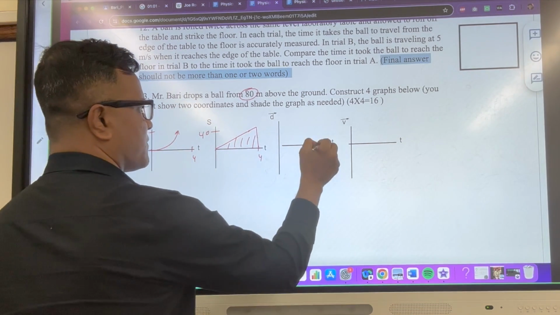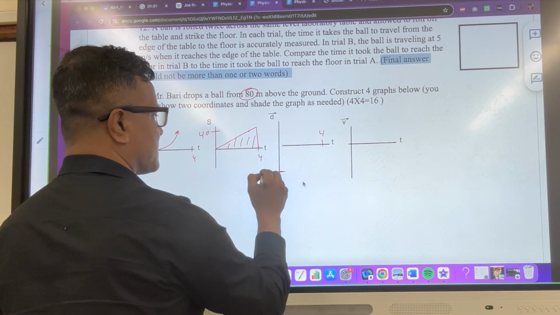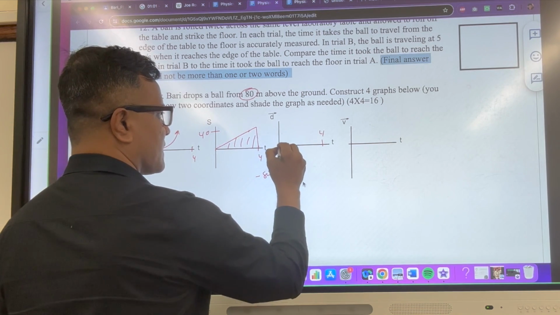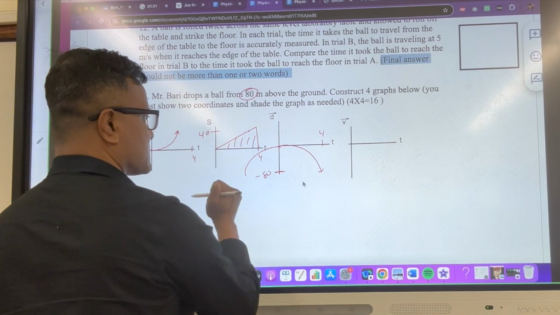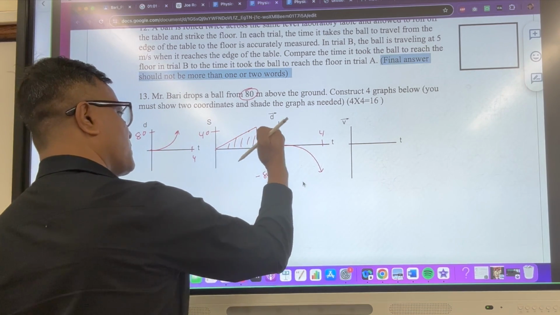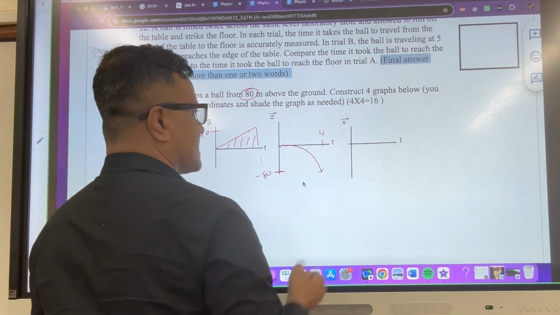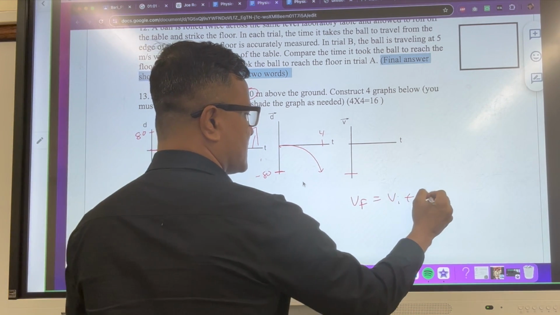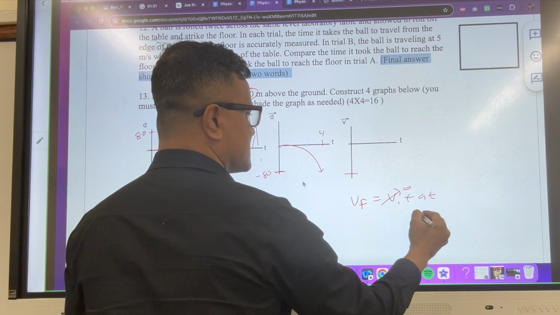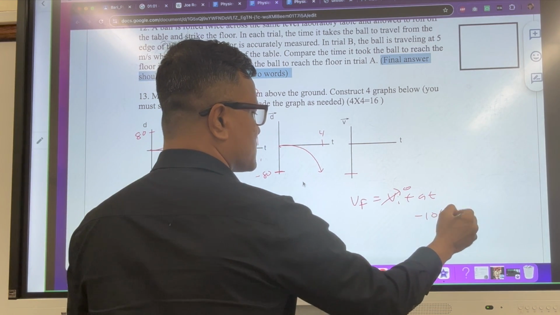The displacement, of course, is negative 80. So it's half of the parabola, because the other half is missing because the time cannot be negative. Okay, good. And then this one, for the same reason, vf is equal to vi plus at, and this is 0, and this is negative 10 times 4, so negative 40.